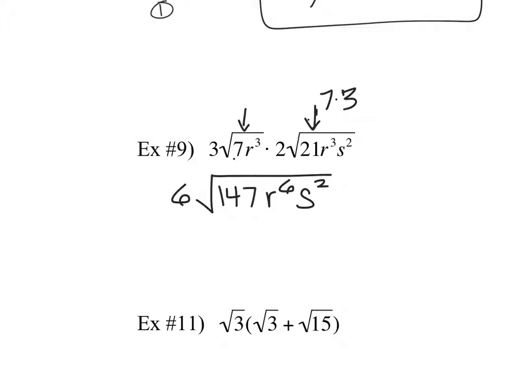So I have 7 times 3. So you can kind of break that down a little bit in your head like that. All right, so 147 is 49 times 3. And then when you take the square root of 49, you get 7. But there's that 6 out there. Remember what we do? 42. Good. You multiply. And then don't forget to leave behind the 3.